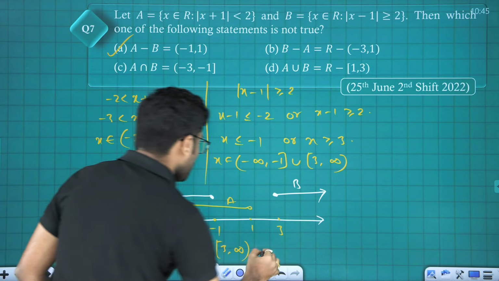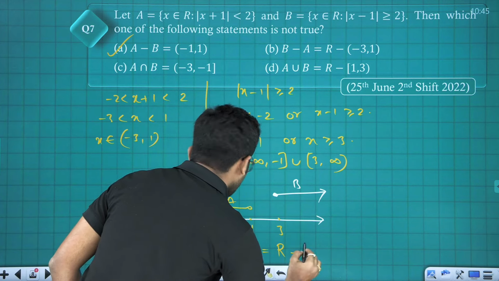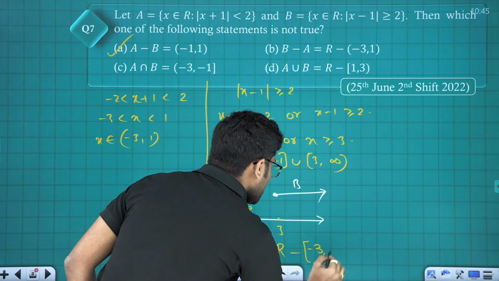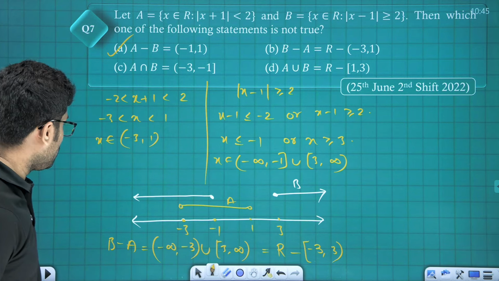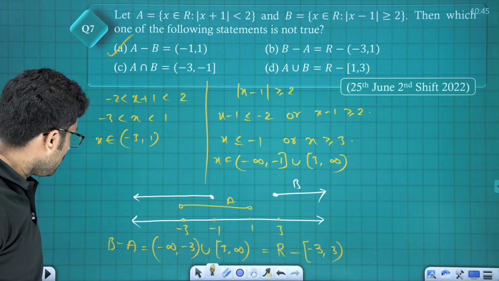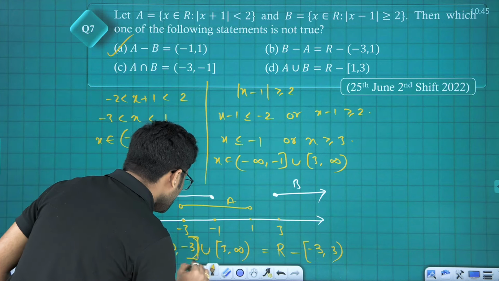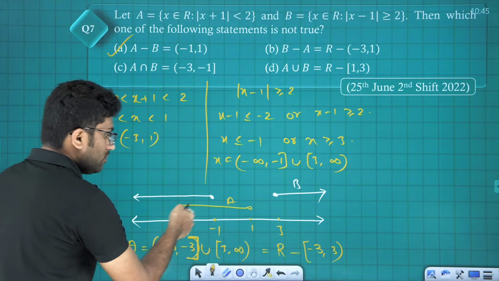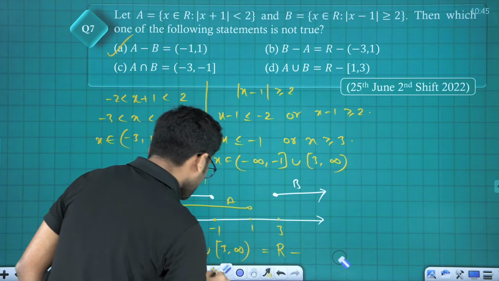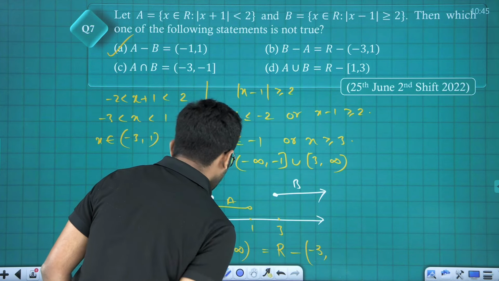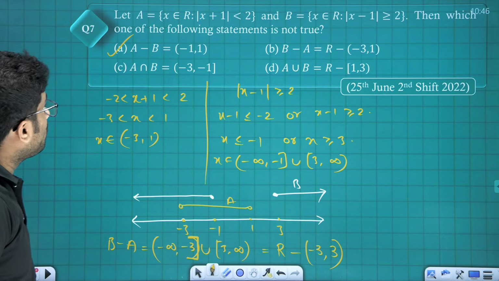But they have given it in another form. So clearly it is R minus, from R what we exclude, closed minus 3 to open 3. So this is B minus A, friends. Anyhow, actually closed minus 3 can be a part here because minus 3 is not part of A. So clearly R belongs to open minus 3 to open 3.